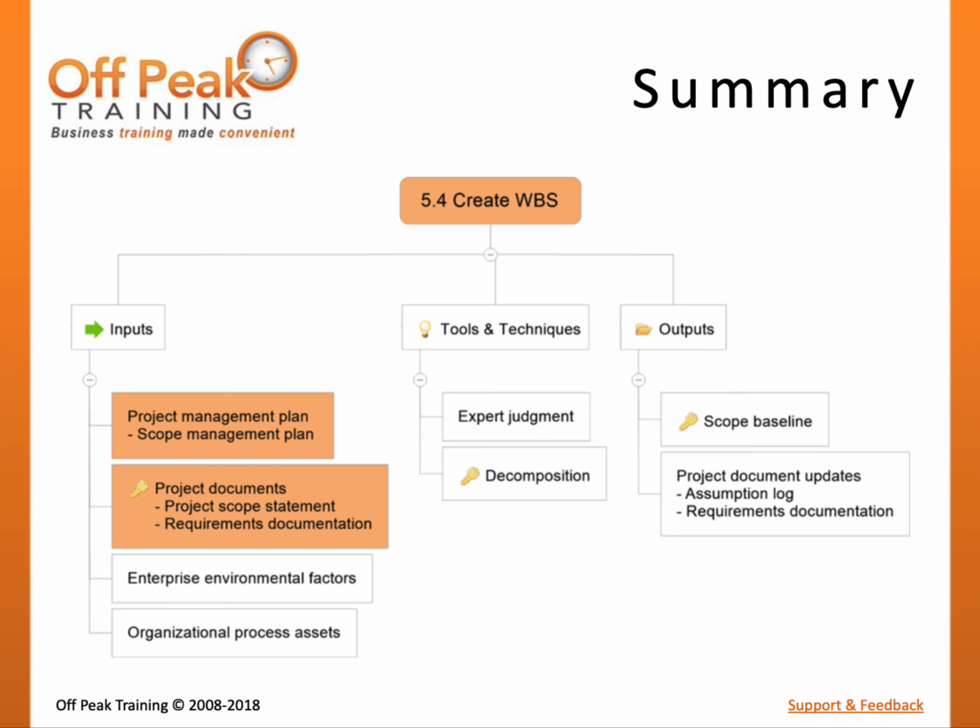The Create WBS process can be thought of as the grand finale of scope planning. It brings together an understanding of product requirements and project scope to create a formal approved plan for project work. The scope baseline includes four major components: the project scope statement, the WBS, the WBS dictionary, and approval from key project stakeholders.